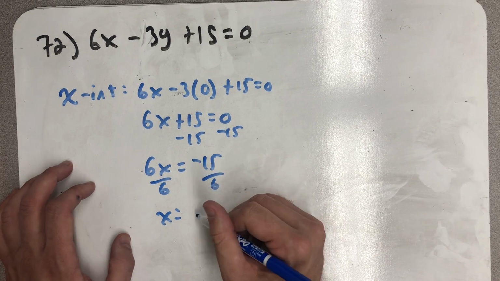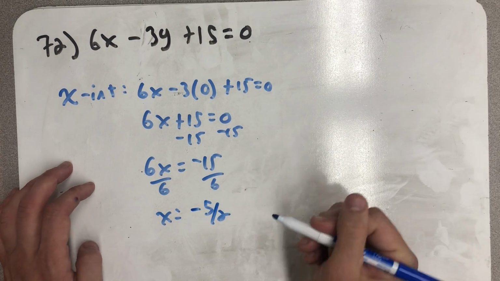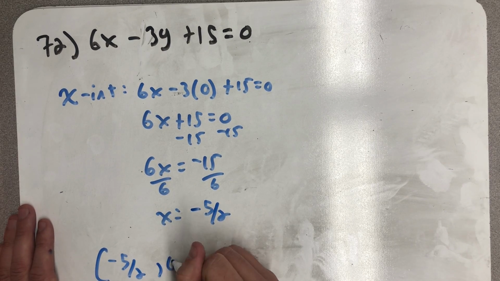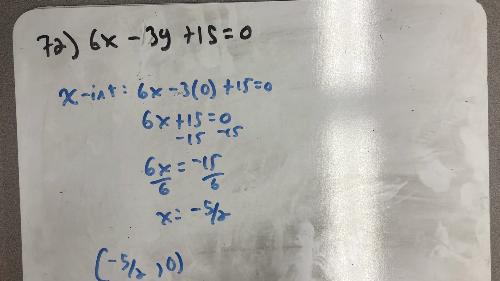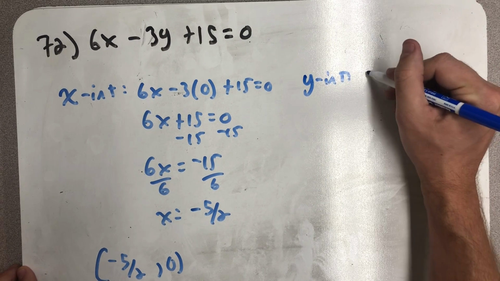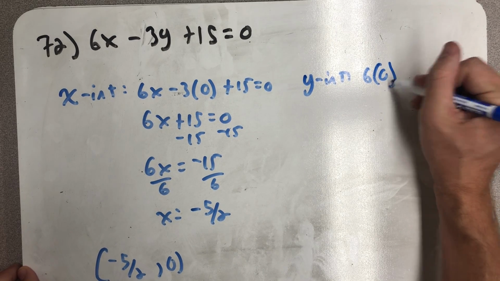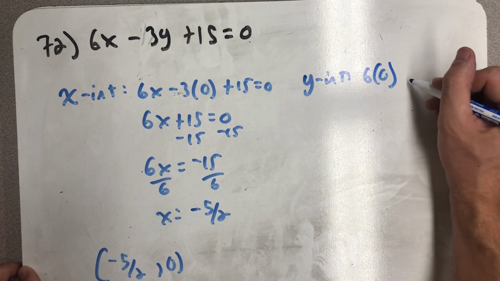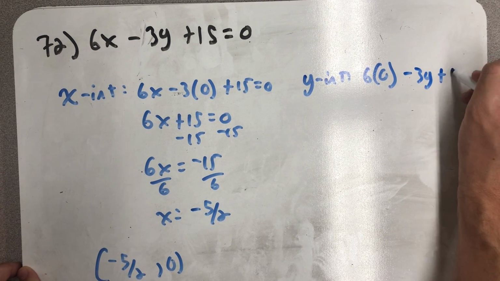I should reduce that fraction. I get minus 5 over 2. So my x-intercept is the point (-5/2, 0). I plug 0 in for y, and I found what x was equal to. So there's my x-intercept. For the y-intercept, I plug 0 in for x. So I have 6 times 0 minus 3y plus 15.